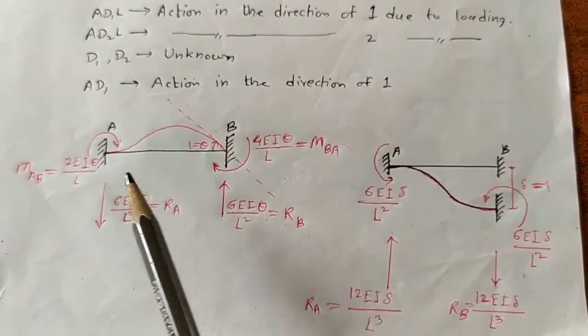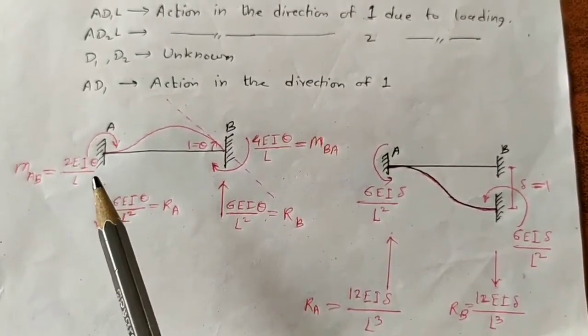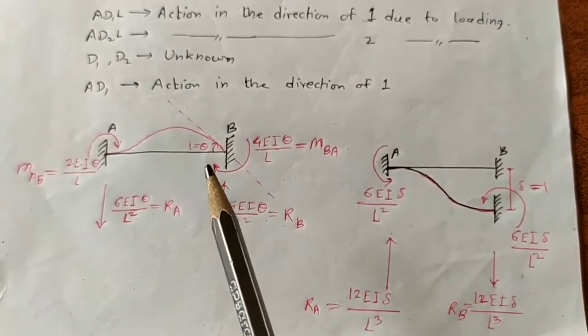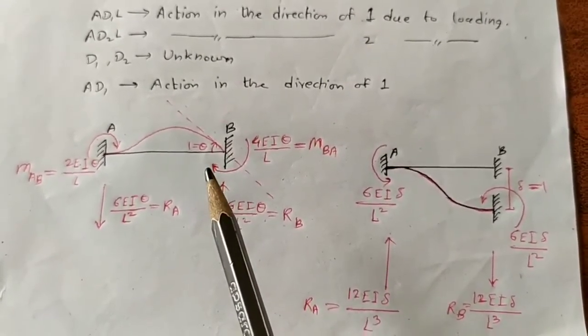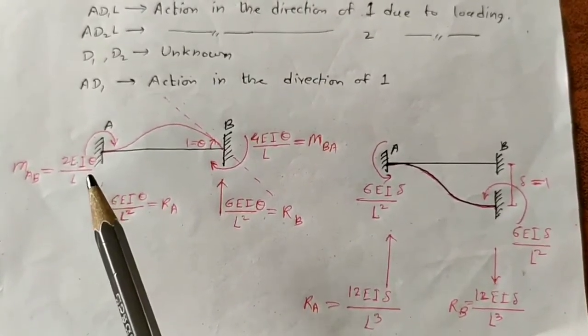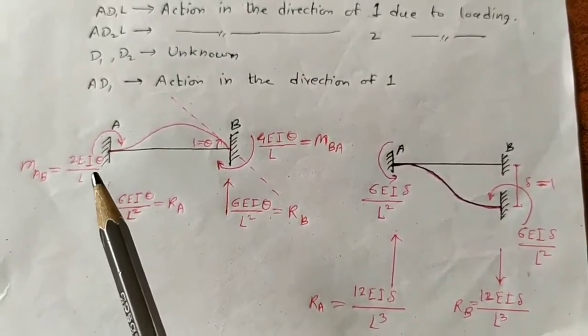That's why half of this will be 2 EI theta upon L. Remember, the sign will remain the same. Here we have applied a clockwise moment, so at the next end the sign will be the same, but the magnitude will be half the applied moment.